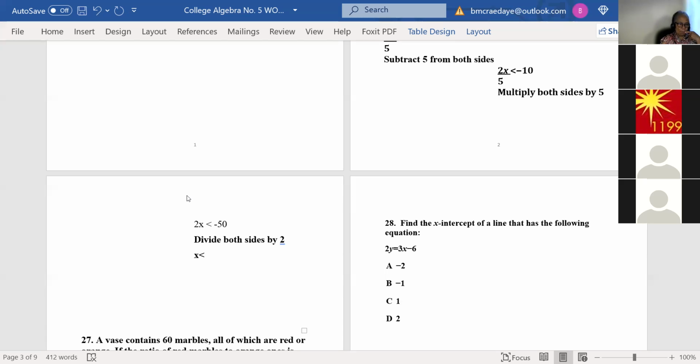Plus or minus? 25 is a minus. Okay, minus 25, because you're dividing minus by plus, which gives you a negative.